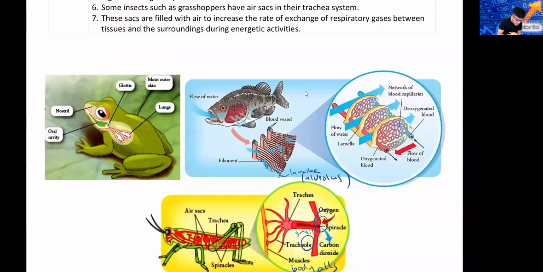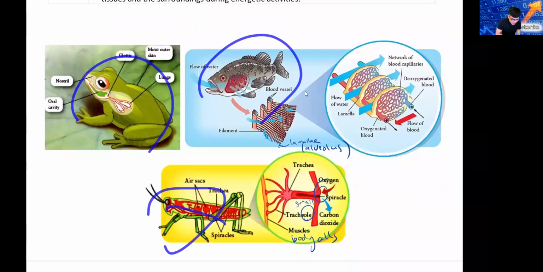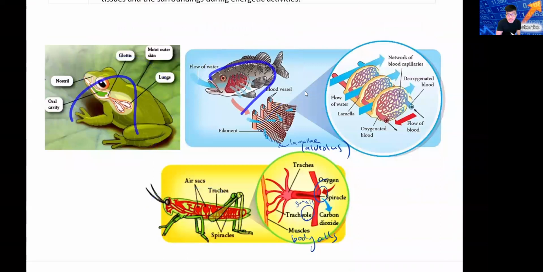All right, so you see, frogs, they have blood. Fish, they have blood. Insects have no blood because frogs and fish, they are bigger. They are very complex, like us. Very complicated system, very complicated organism. Insects, they are too small. They don't need this system. Yes, they can have the system, but there's no need to. Why would you need it? It's like, do you need the bones of an elephant?